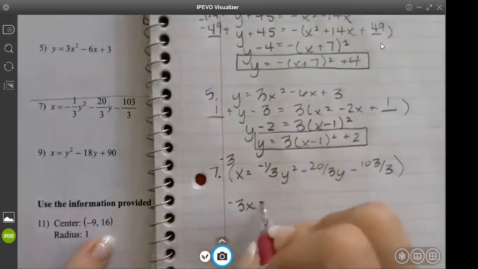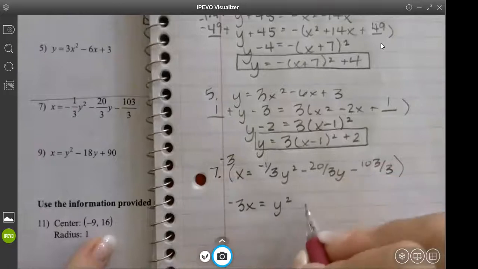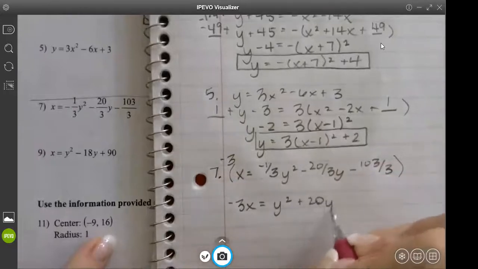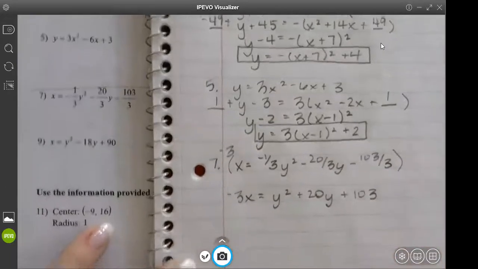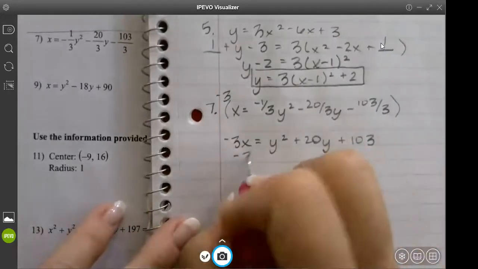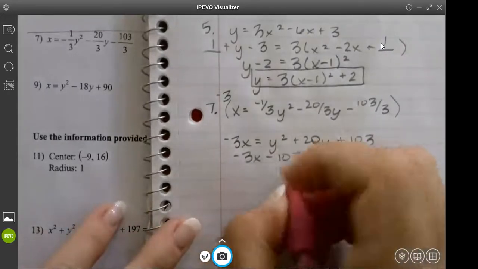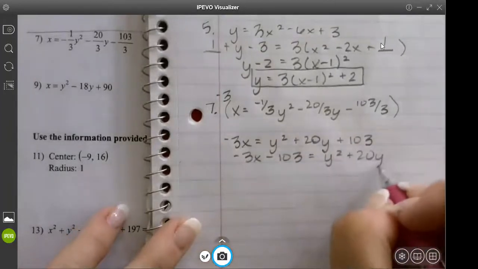So we get negative 3x equals, change the sign, positive y squared, positive 20y, and a positive 103. Move your 103: negative 3x minus 103 equals y squared plus 20y.